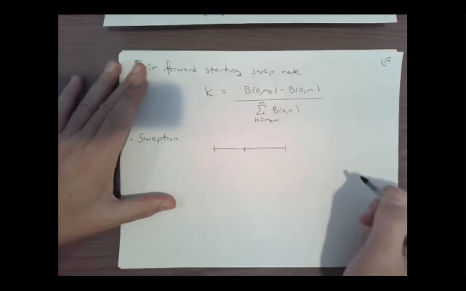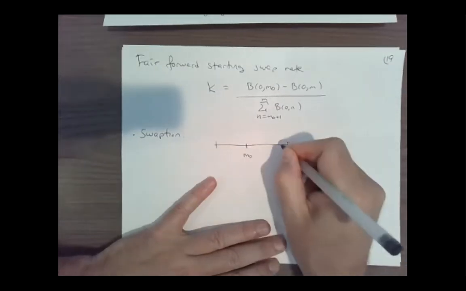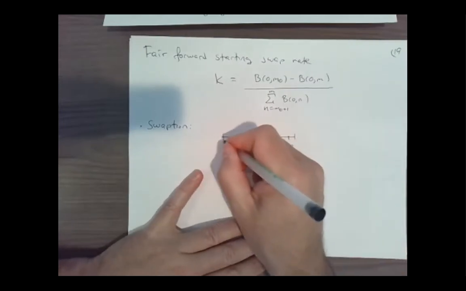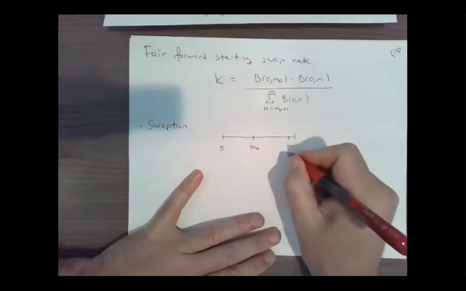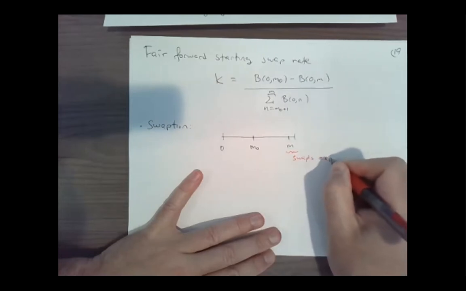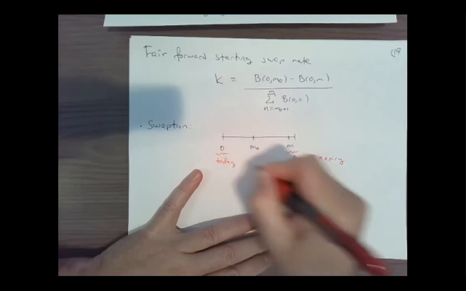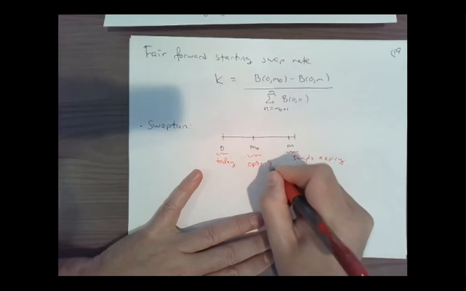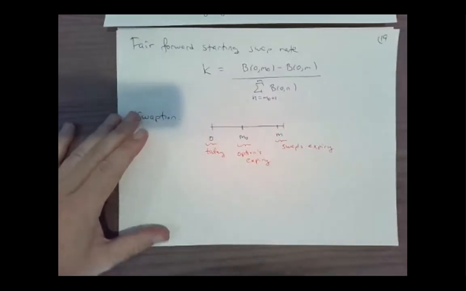Here there is a point m0 as before, and now there's an expiry. This is m, and then there's the today point. Actually, there are a bunch of different time points that are important.